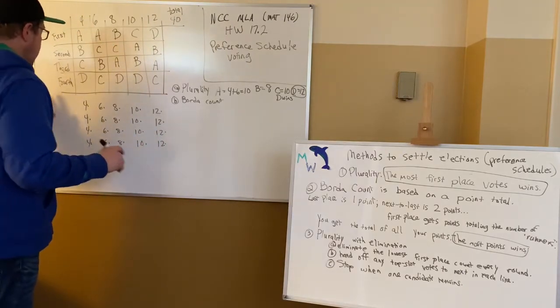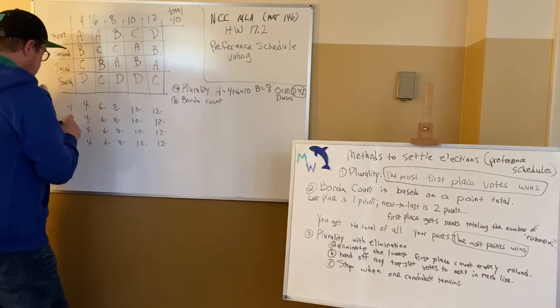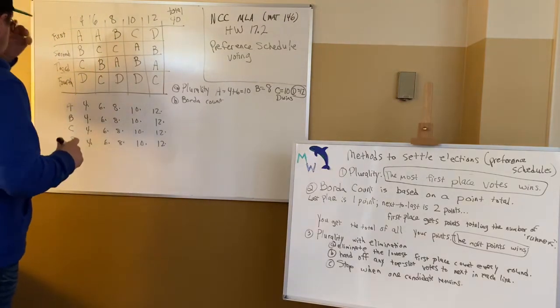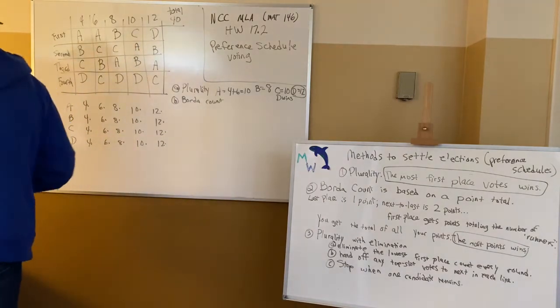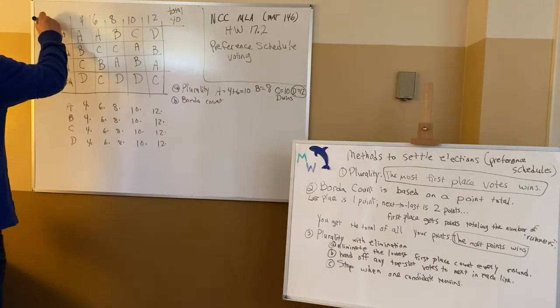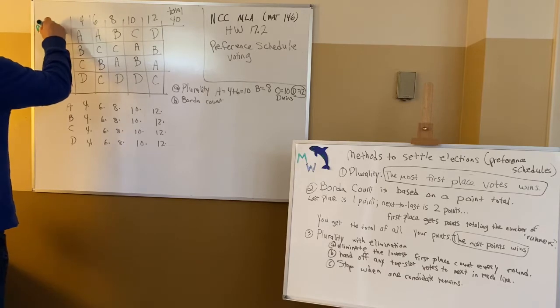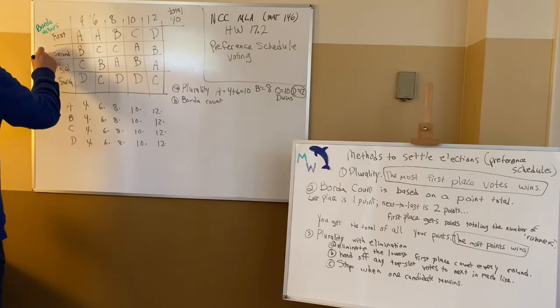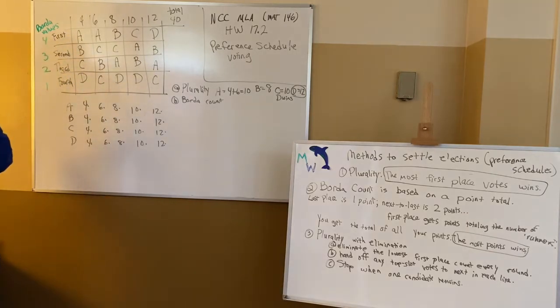And now, if I decide these are going to be A, B, C, and D, I'm going to do them in their rows. A, we've got to get the Borda points here. In Borda count, you get 1 point for last place, 2 for third, 3 for second, and 4 for first place.